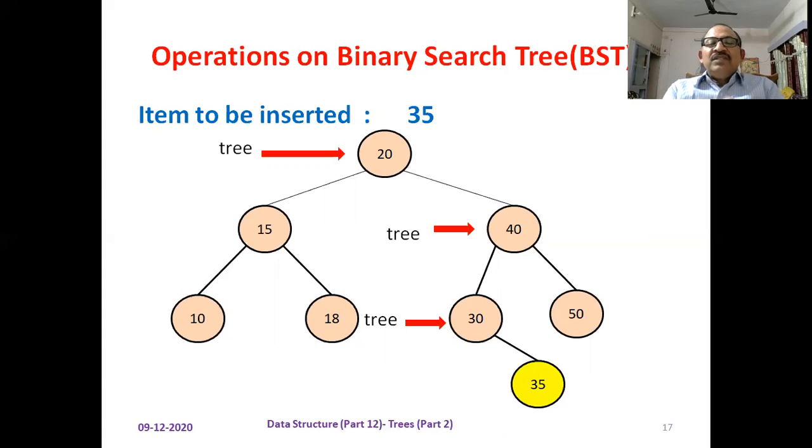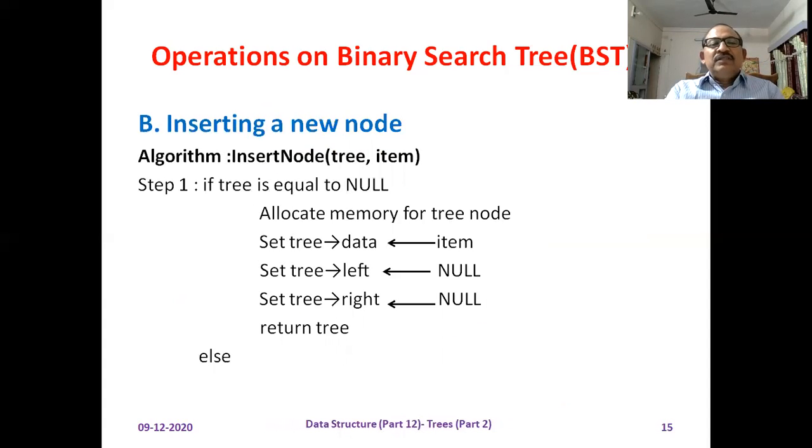This tree right null becomes the value of tree. And here you can see, when the tree is equal to null, we simply insert the item. Allocate memory for the tree node. Set tree data; here data is 35, so tree data is equal to item.